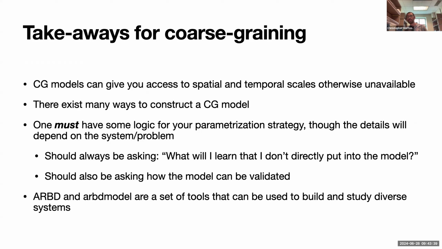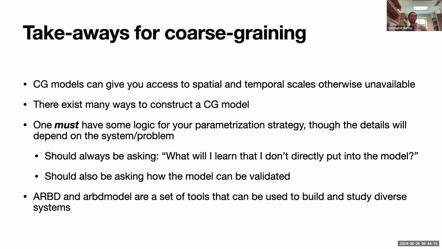You should be asking yourself, how will I use this model to learn things that I'm not plugging into it? Usually, in my experience, that means taking repeating units and going to larger scales. You can parameterize a short polymer and then simulate a long polymer from that. And you should be asking how your model can be validated, because validation is key.